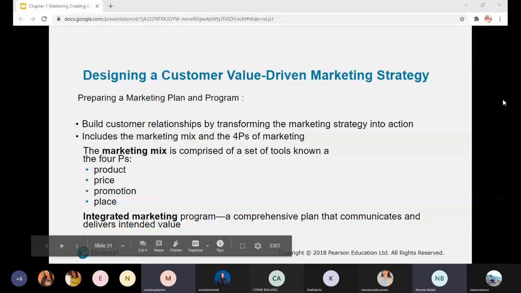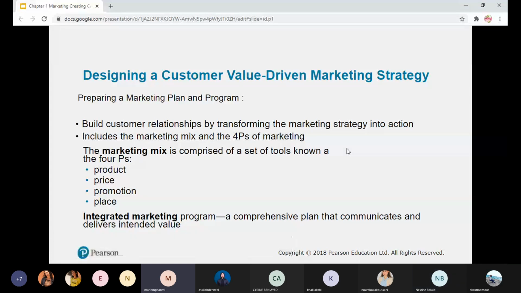Yes. Okay, for the computer example, the product is the computer with the processor, for example, the components of the computer, that's the product. And for the price, I don't know, it depends on the product.